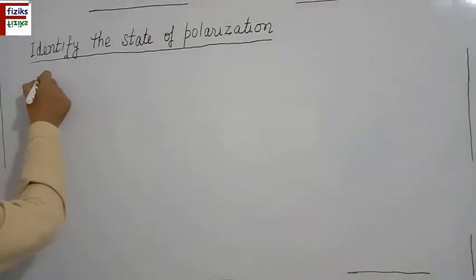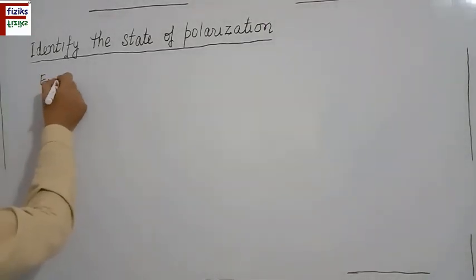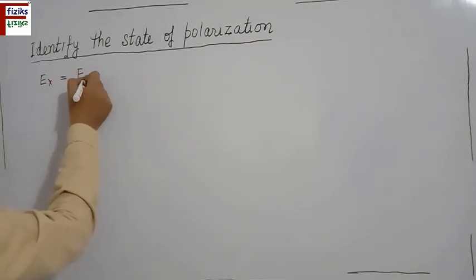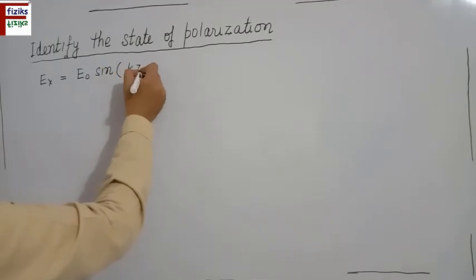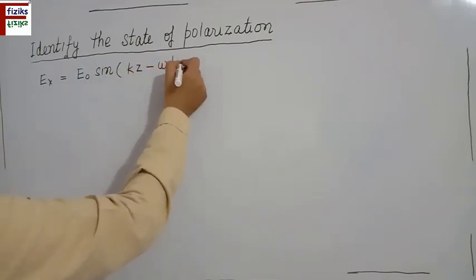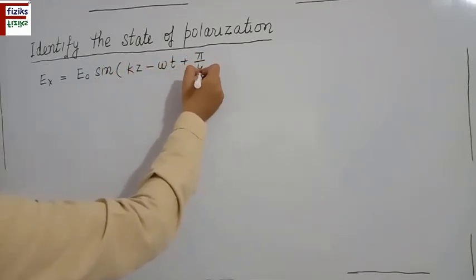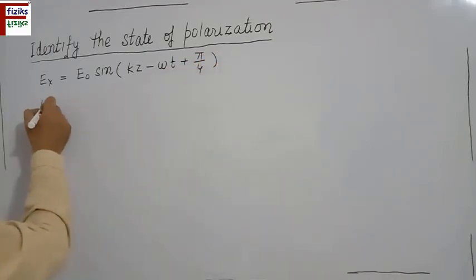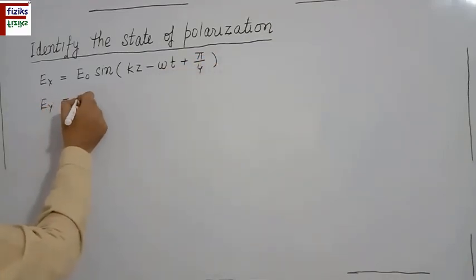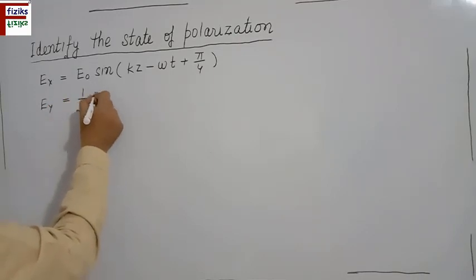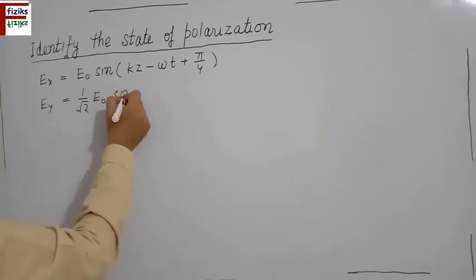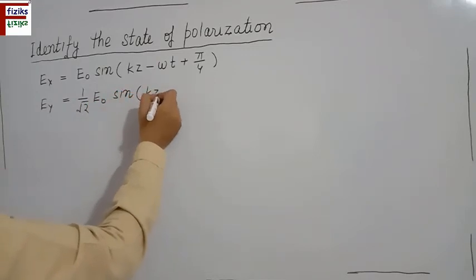Last example is, suppose Ex is equal to E naught sine(kz minus omega t plus pi by 4). This is the Ex component, and the Ey component is 1 by root 2 E naught sine(kz minus omega t).